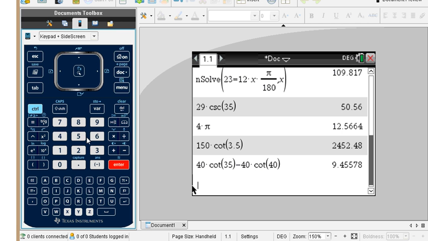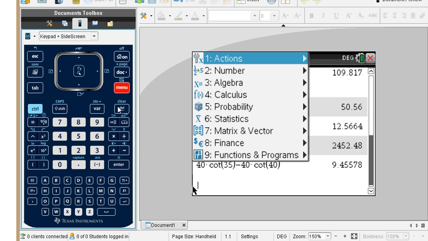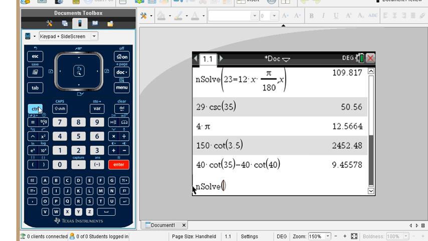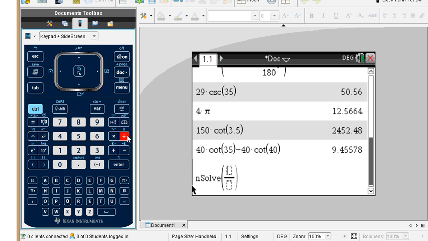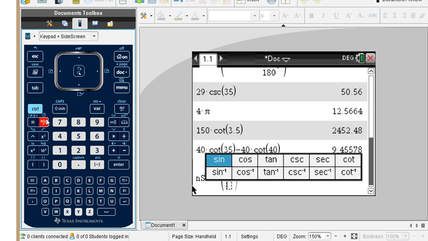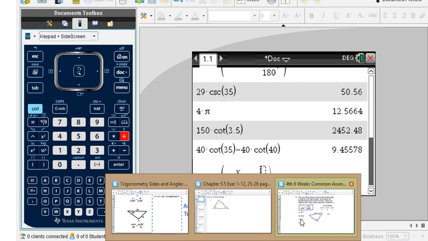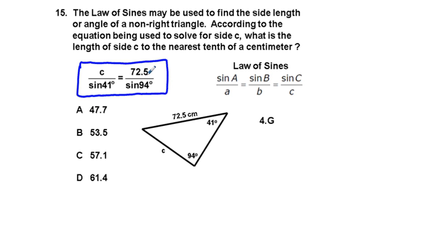So we go to menu, algebra, numerical solve. We have x over sine 41 degrees, and that's going to be equal to, let's see what it is here, I don't remember it, 72.5 over sine 94 degrees.